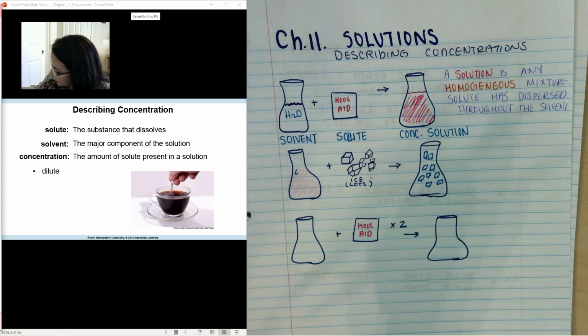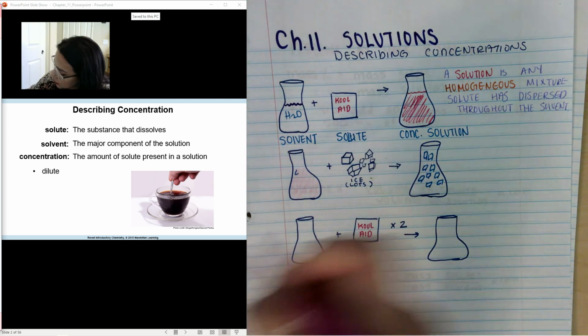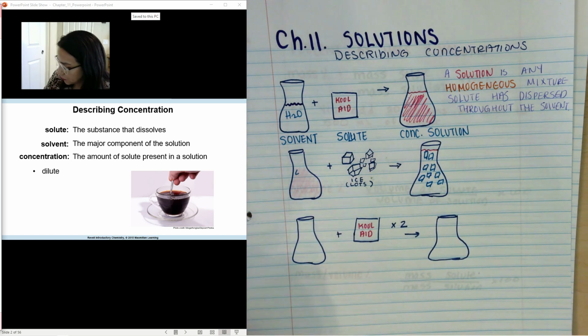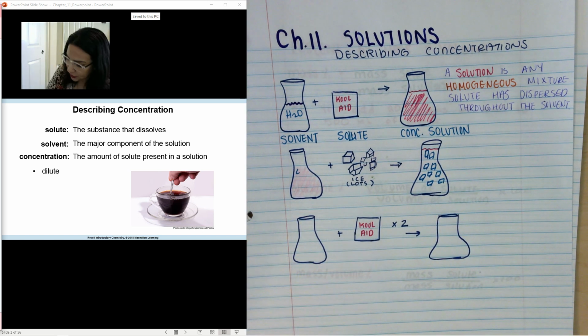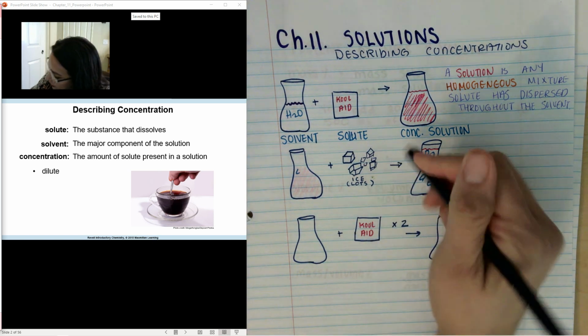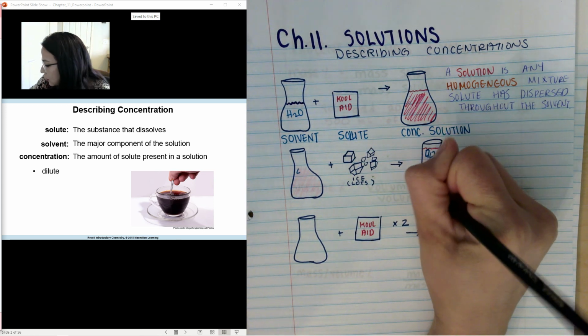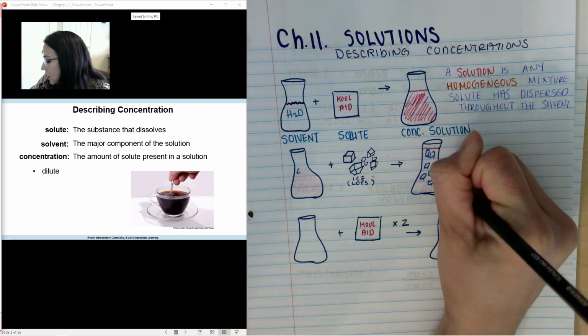What this ends up doing is it increases the volume of our solution. And the way it increases the volume is not because we added more solution, we added more solvent.